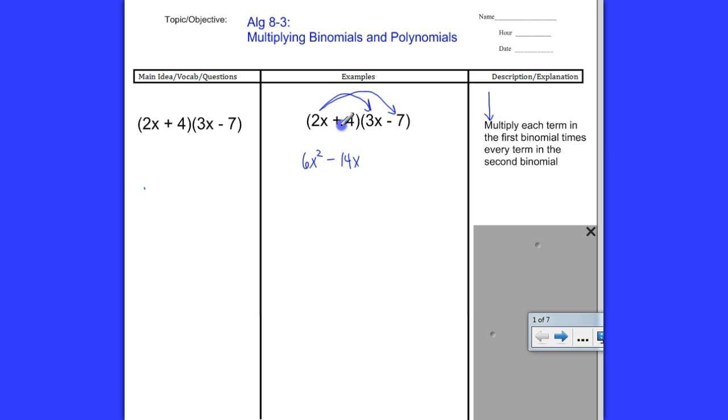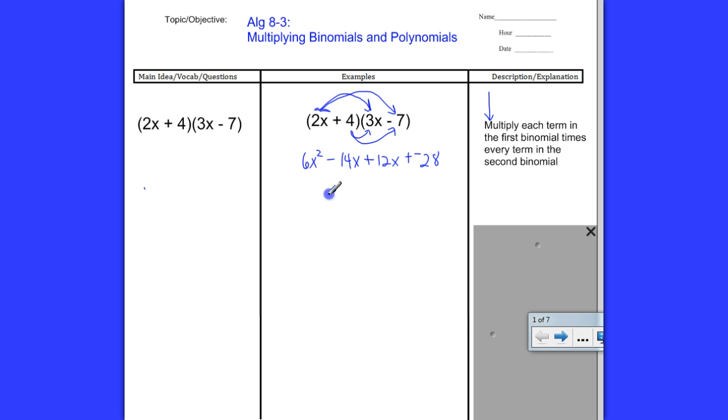And then, since this term, the 2x, has multiplied by everything, I'm going to go to my next term, which is 4. I'm going to multiply that. 4 times 3x is 12x. And 4 times negative 7, I put a plus sign, but it's really negative. Plus negative is fine, is 28.